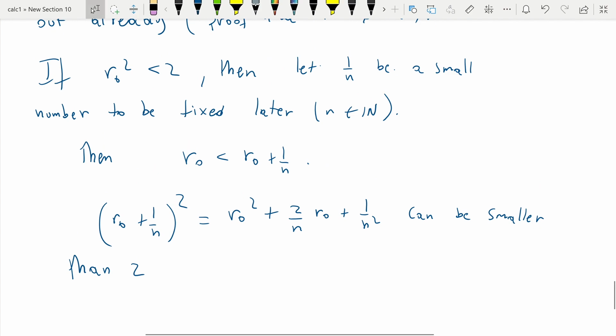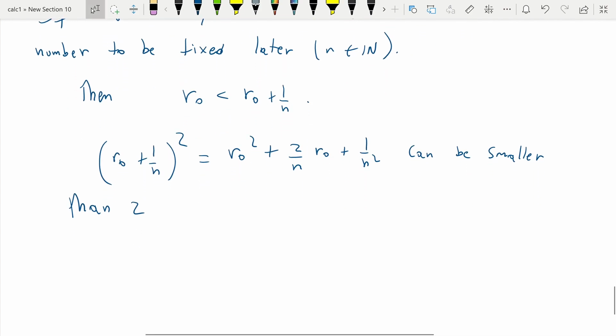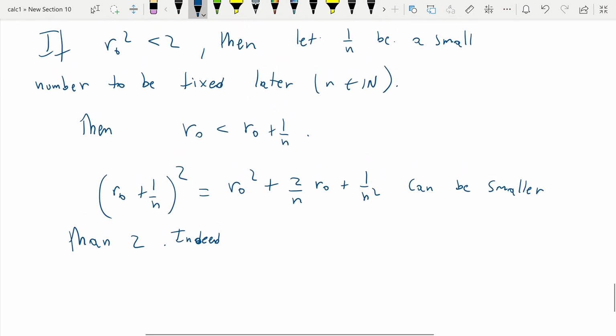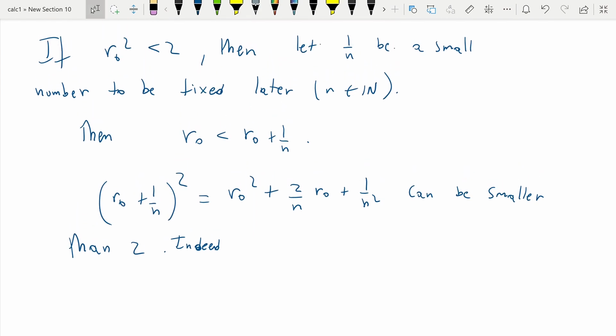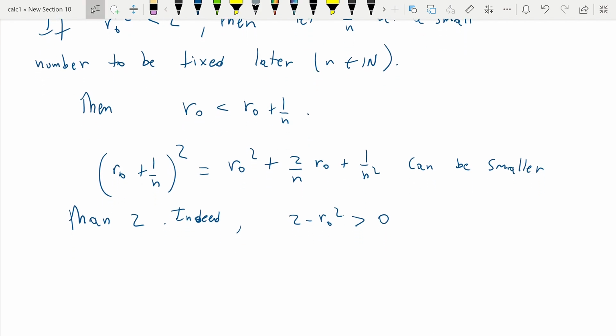Remember that r naught squared is less than 2. Indeed, let's start by noticing that 2 minus r naught squared is greater than 0 by assumption.